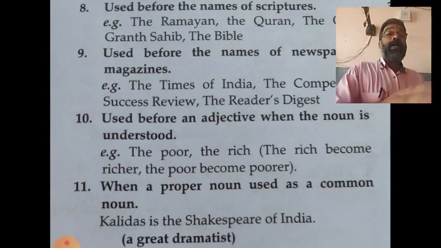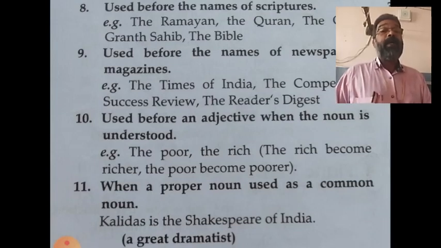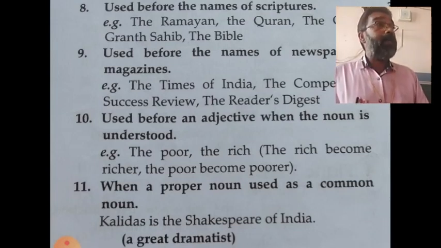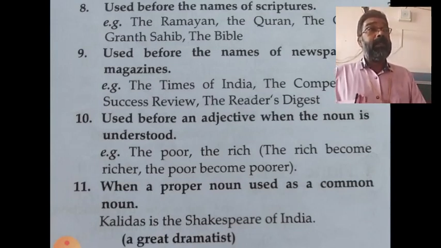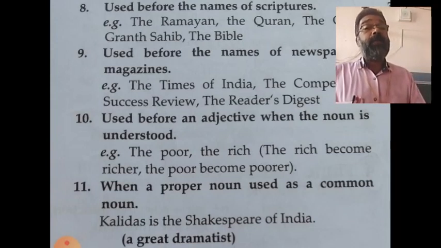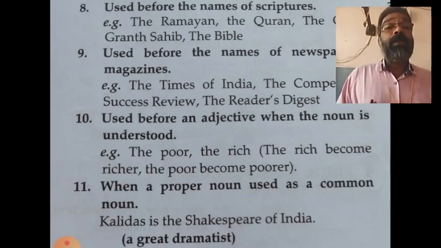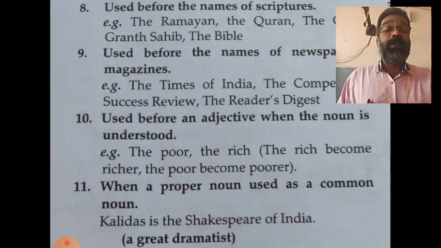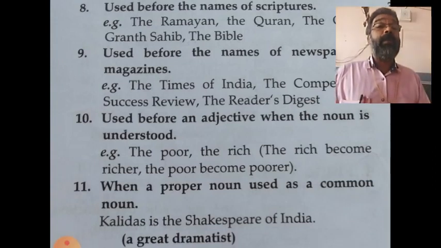Both Kalidas and Shakespeare are proper nouns, but here Shakespeare is used as a common noun, to say Kalidas is almost as great as Shakespeare in India. So when the proper noun Shakespeare is used as a common noun, we use the definite article the before it.